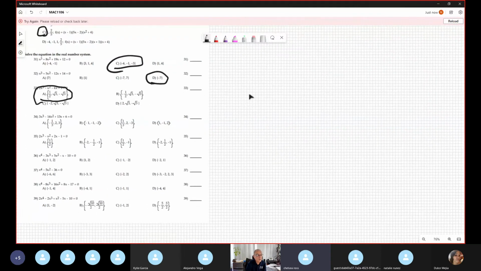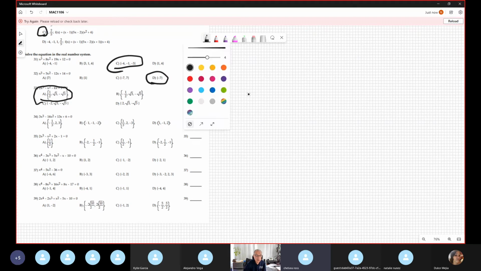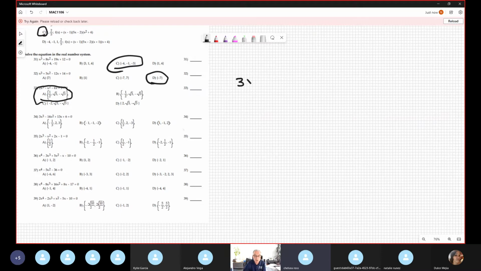Okay. 34 is a cubic equation again: 3x cubed minus 14x squared plus 13x plus 6 equal to 0.